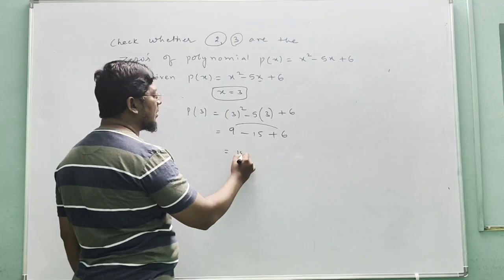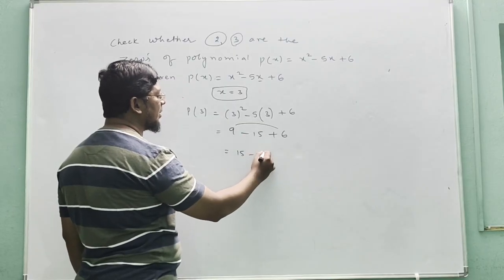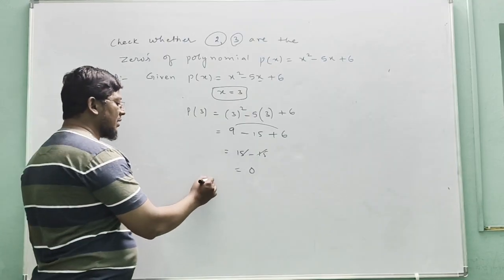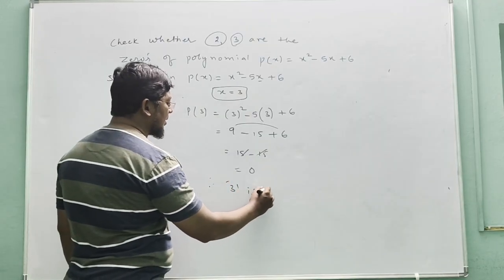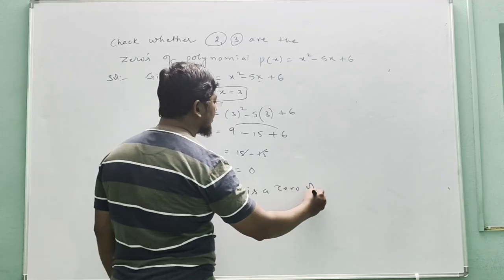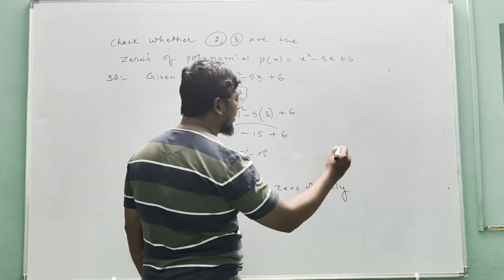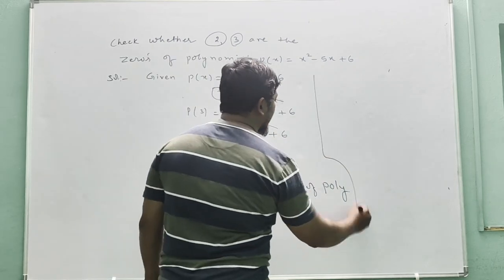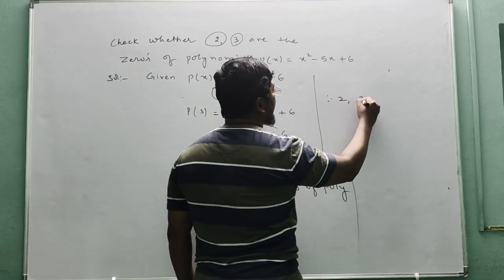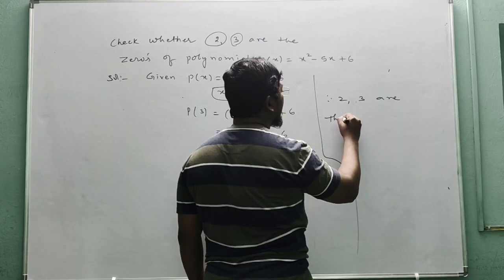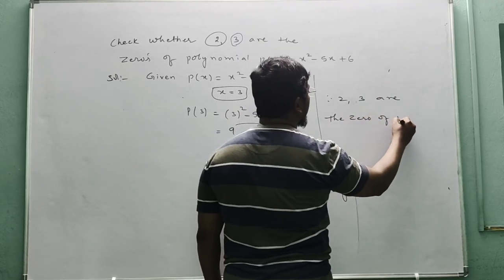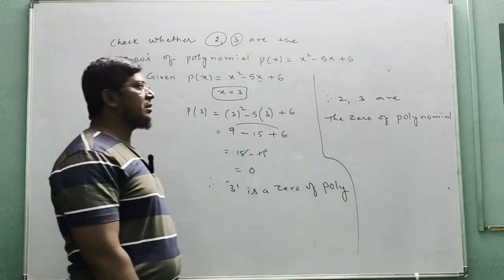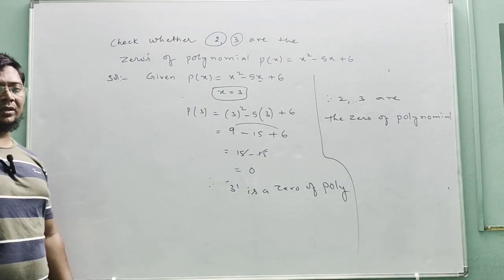Positive, add with plus sign. 9 plus 6 is 15, minus 15. Both cancel. What is the answer? 0. So we can say that 3 is a 0 of the polynomial. Okay, so what do we say? We can say that plus 2, comma, plus 3 are the 0s of the polynomial. Okay, this is our first topic, 0 of a polynomial.